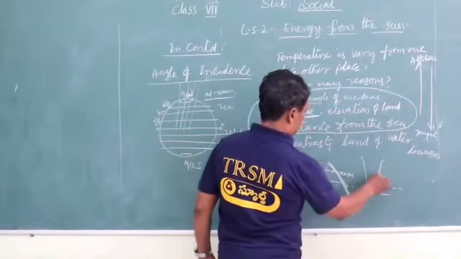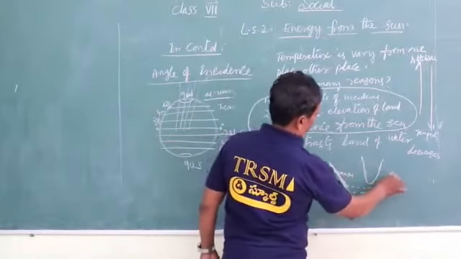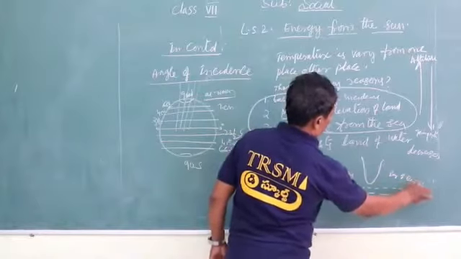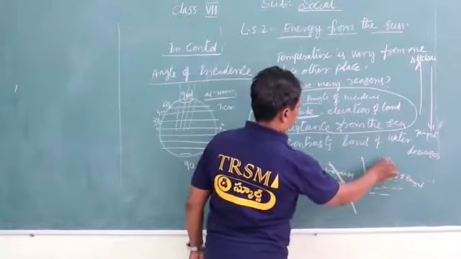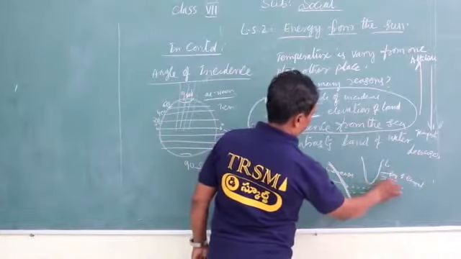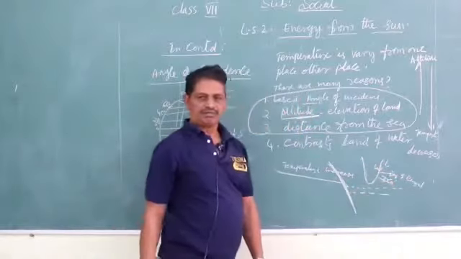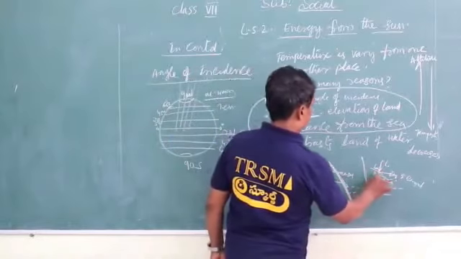The places near the coast, Bay of Bengal, the places near the sea coast are influenced by the sea. The temperature is low, mean, or at least average.